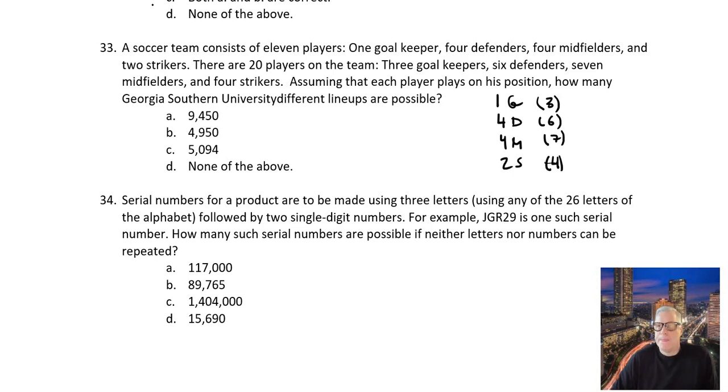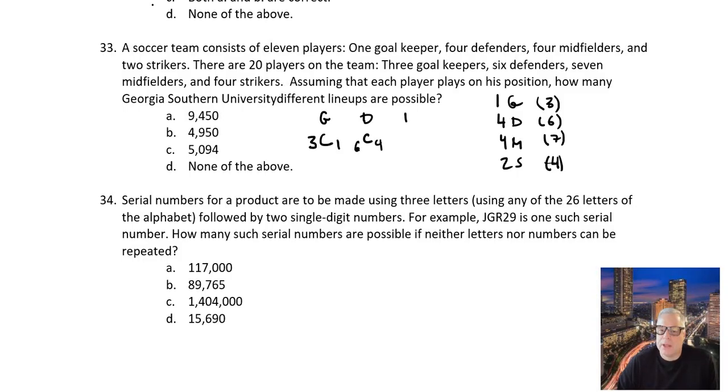So now, first of all, the way you have to think about it, how many combinations do you have for the goalkeeper position? For the goalkeeper, you can choose 1 from 3. Then for the defenders, we can choose 4 from 6.